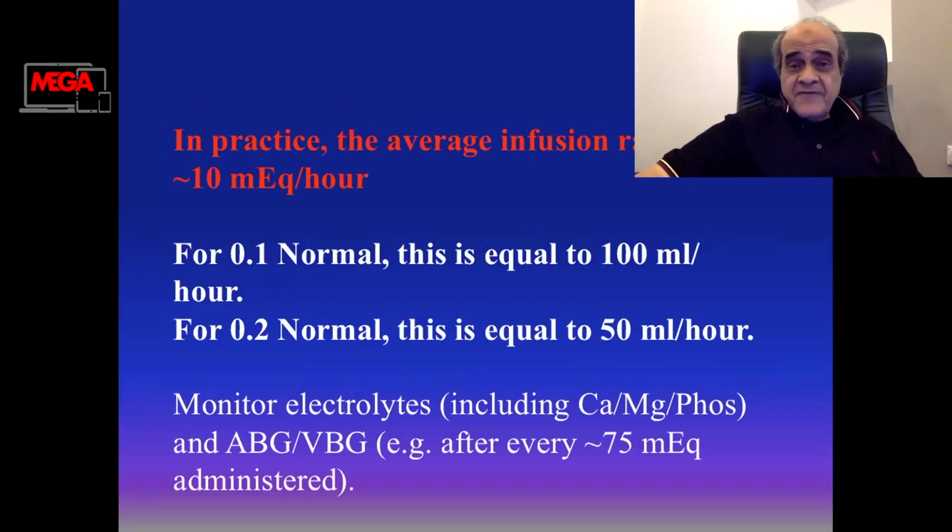In practice, the average infusion rate is about 10 milliequivalent per hour for 0.1 solution. This is equal to 100 ml per hour. For 0.2, it equals a 50 ml per hour infusion. Of course, during HCl management of metabolic alkalosis, you have to monitor the electrolytes, including calcium, magnesium, phosphate, ABG, VBG, after every 75 milliequivalent administration of HCl.